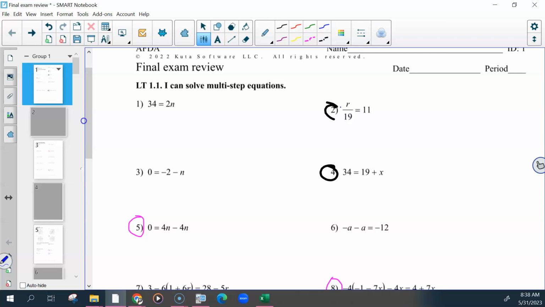Multiply. And then multiply 11 and 19. Someone tell me what that is. 209. Right? And remember that you can always go back and put it in. So put in 209 over 19, you should get 11, and that would be the way to double check yourself.